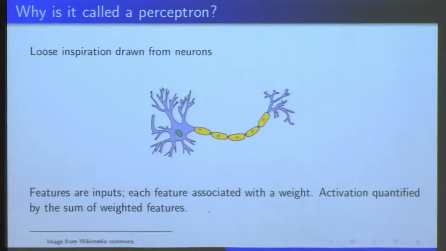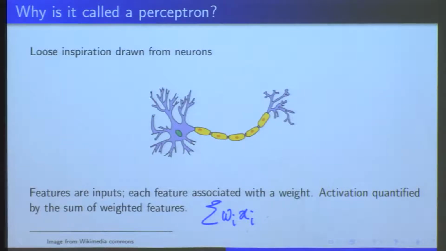Why is this called a perceptron? Because this is inspiration drawn from neurons. Features are input, each feature associated with a weight, and the activation is quantified by the sum of weighted features. So the activation is basically summation over w_i x_i, right? That's the activation.